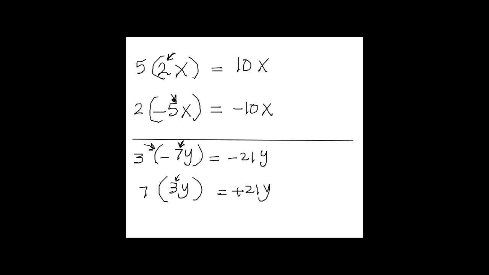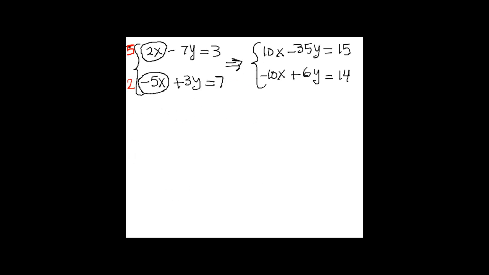Very good. All right. So we go back and we'll see what we did here. So now I have to go ahead and add these up. This gives me 10x added to minus 10x, which would be 0. So that's how you would get only an equation in terms of y. Minus 35 plus 6 gives you minus 29.